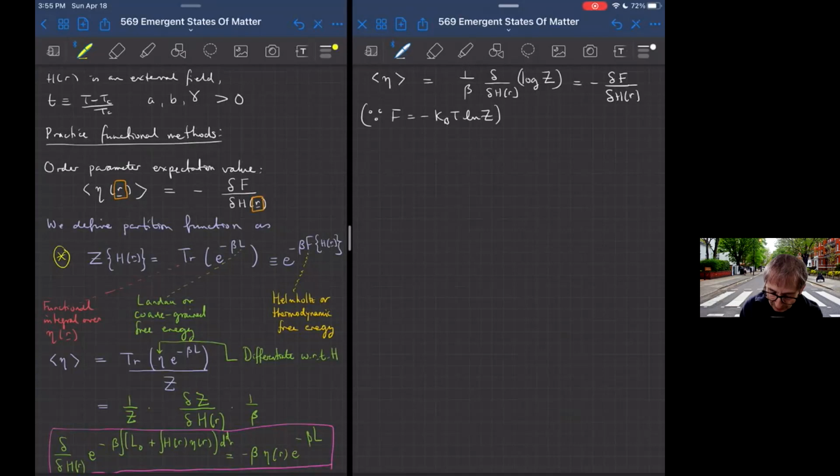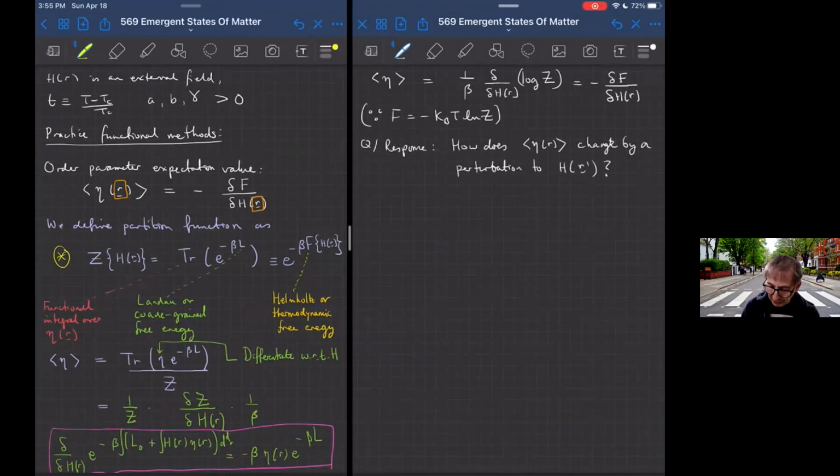So the next question that we want to ask is a response question. How does the expectation value of eta at the point R change by a perturbation to h at a different point in space, which I'll call R prime?